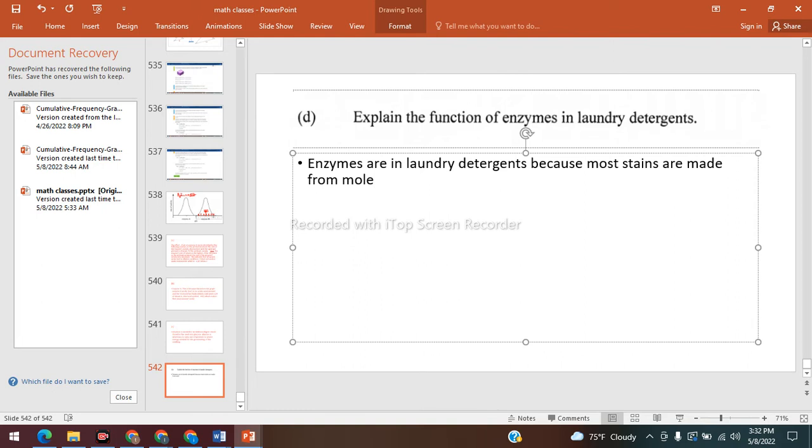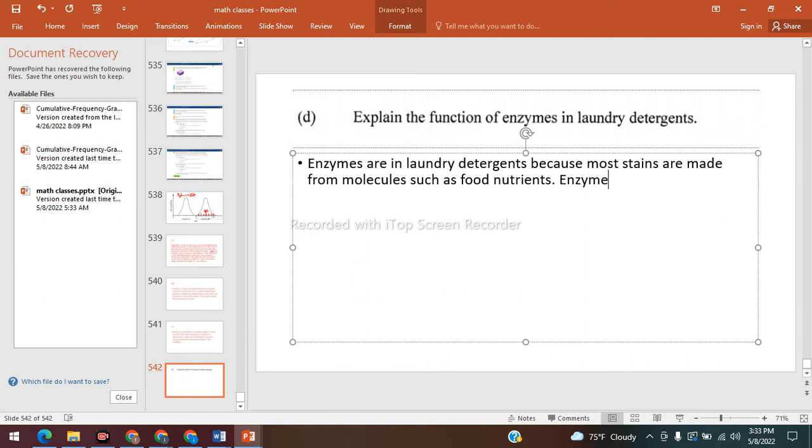Biomolecules, such as what? Food, cotton, stuff like that. No, molecules. Oh, you mean molecules, oh, stains, sorry. Yeah, the stains.